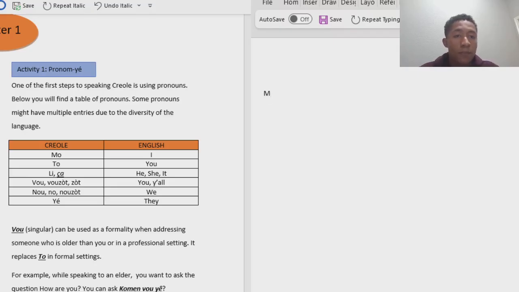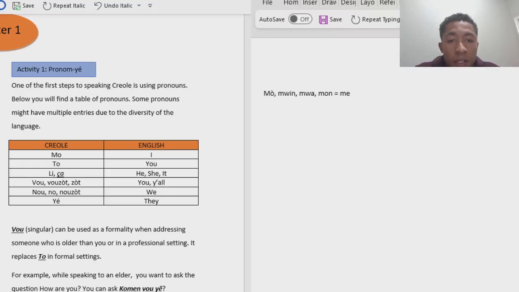You have mo, mo, moi, and moi. And you might also hear more of a rounded with the nasalization of mo. And this will represent your me. This is how you would say me in Louisiana Creole.